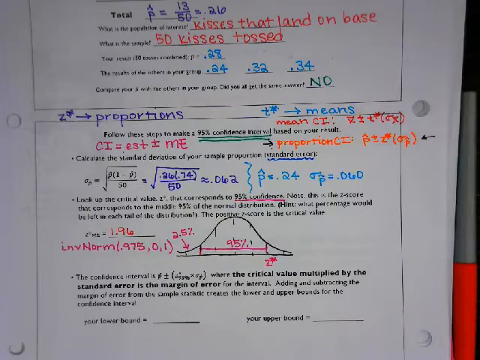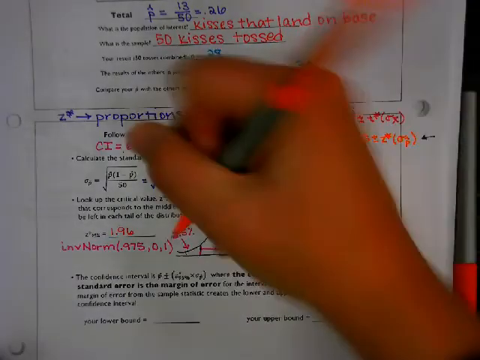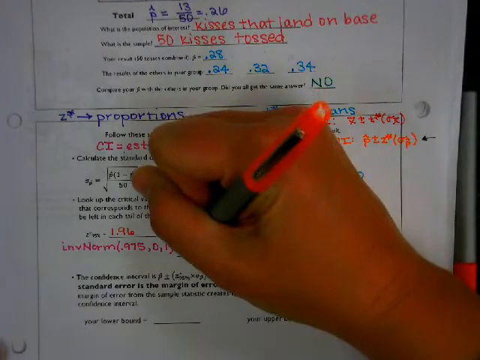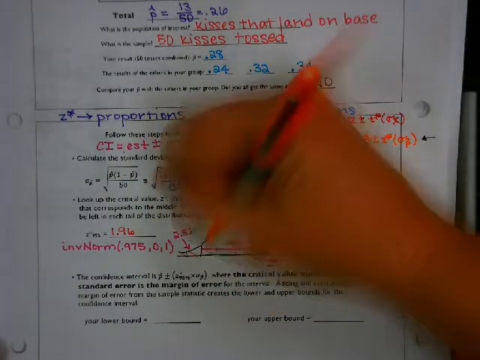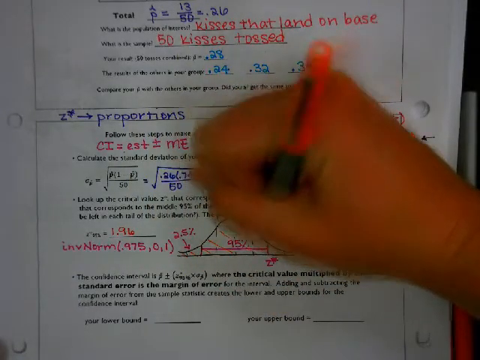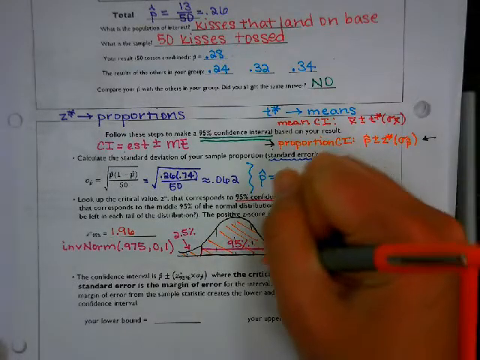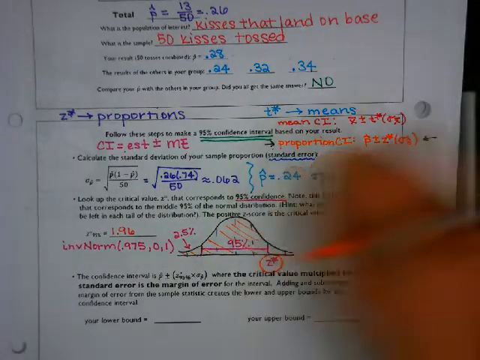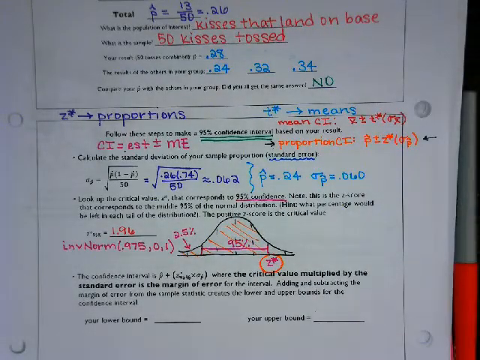So, inverse norm, it's just the way the calculator function is written. You have to give it the entire area under the curve to the left of the z-score you're looking for, unless it asks for the tail. Like on this one, when I do inverse norm, it asks for the tail.